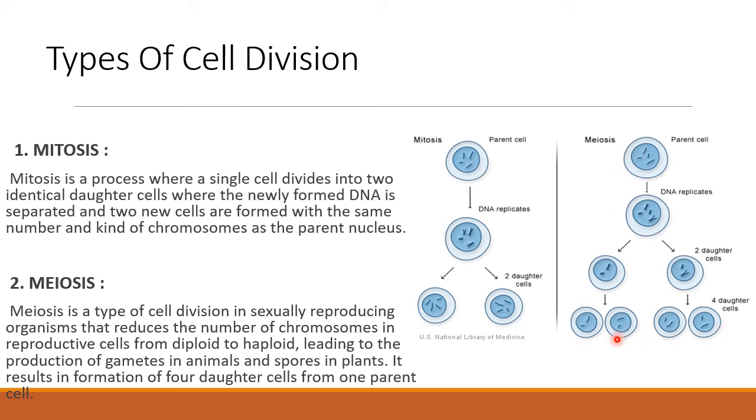Here the number of chromosomes is the same, but in meiosis the number of chromosomes reduces to half. Mitosis has one division, but in case of meiosis, how many divisions are there? There are two consecutive divisions. So I think children, it is quite clear to each and every one.